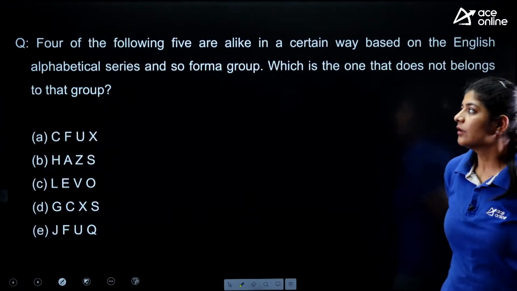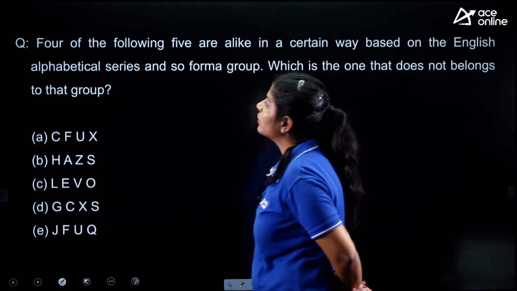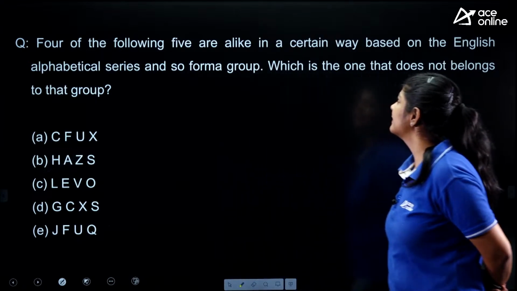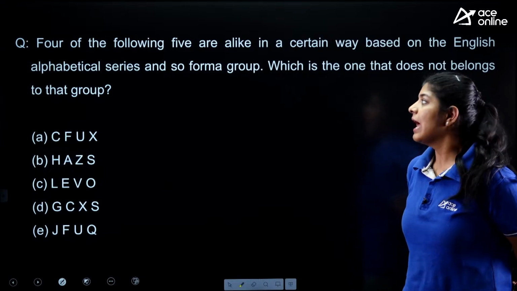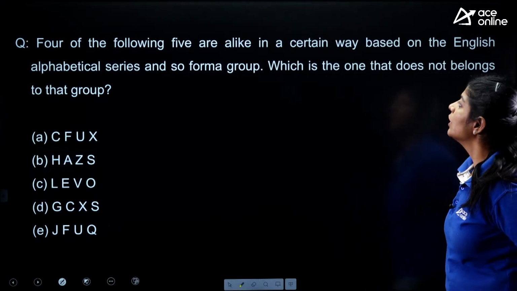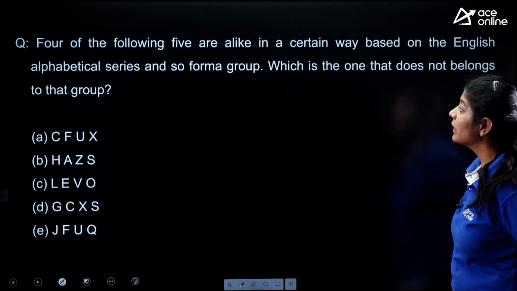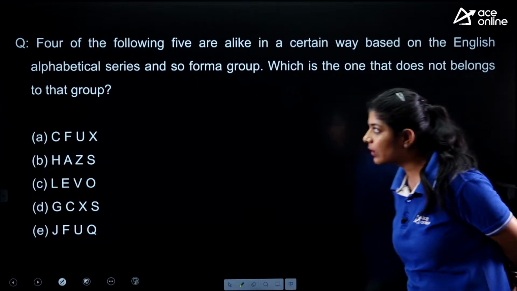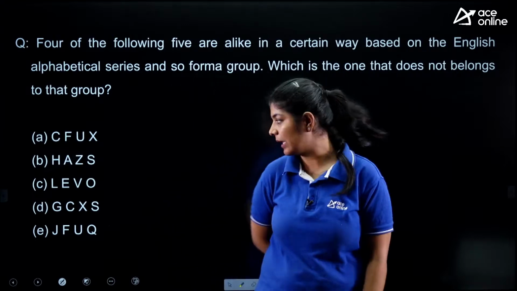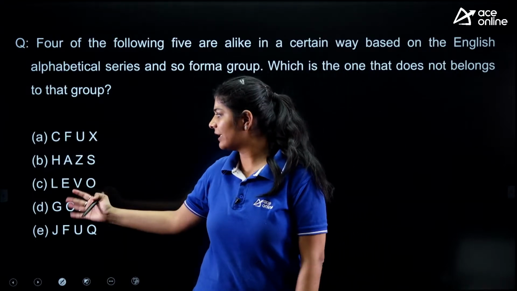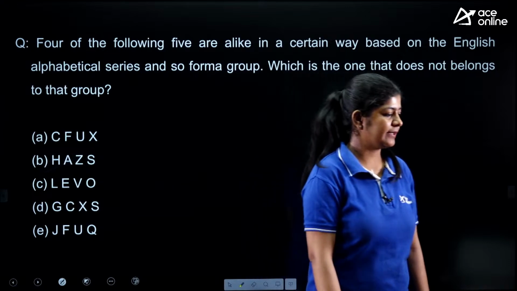Next. The next question says that 4 of the following 5 are alike in a certain way based on the English alphabetical series and so form a group. Which is the one that does not belong to the group? Basically, we have to find the odd one out. Here you have the alphabets, you can easily determine it.